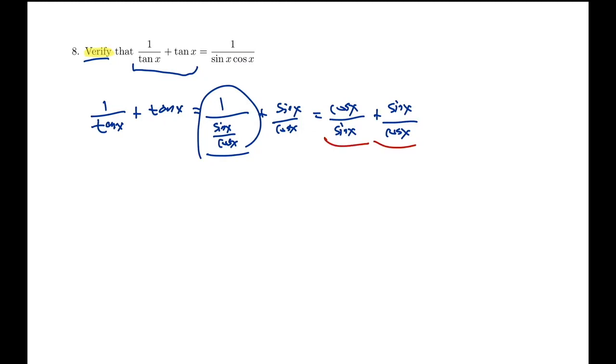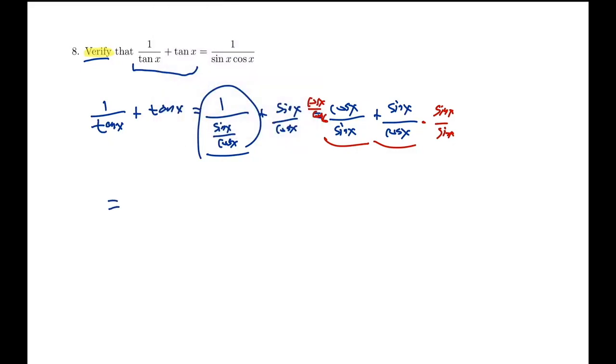In order to do that, we need to have a common denominator. So for this one, I'm going to multiply sine x over sine x. Here, I'm going to multiply cosine x over cosine x.